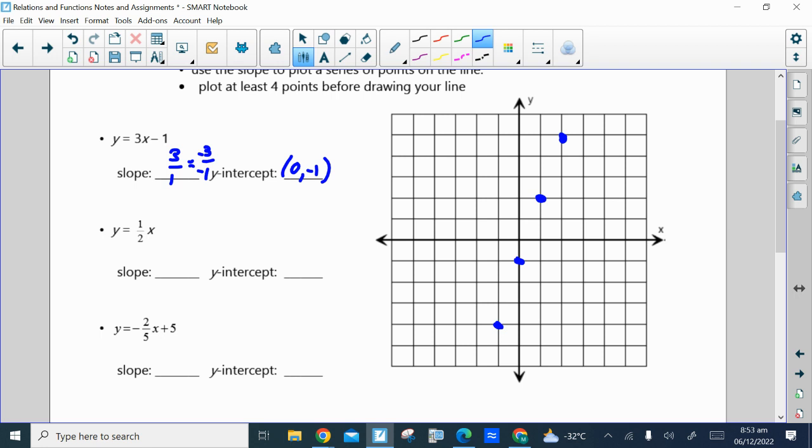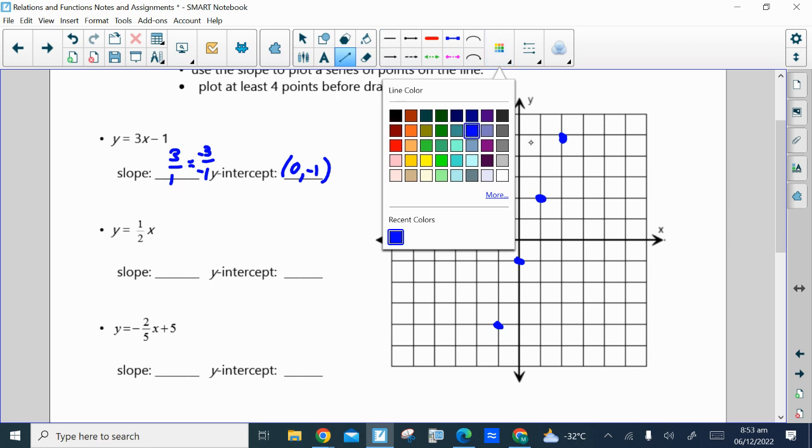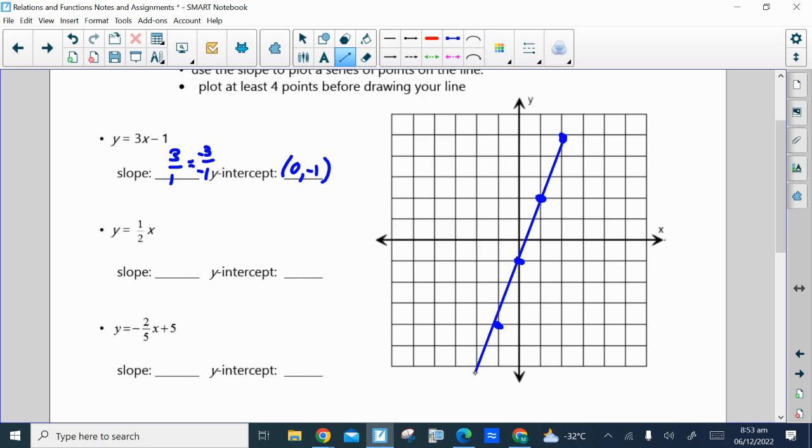And that point lines up with the other 3 points that we had. So we know that we've done things correctly. All those points line up. So now we can draw a line going through them all. With arrows on the end always, and there's that line.